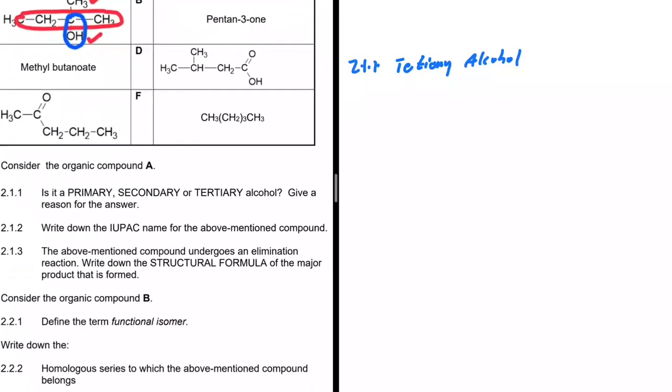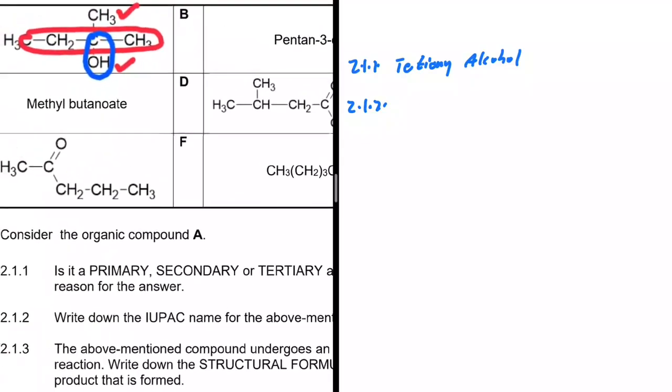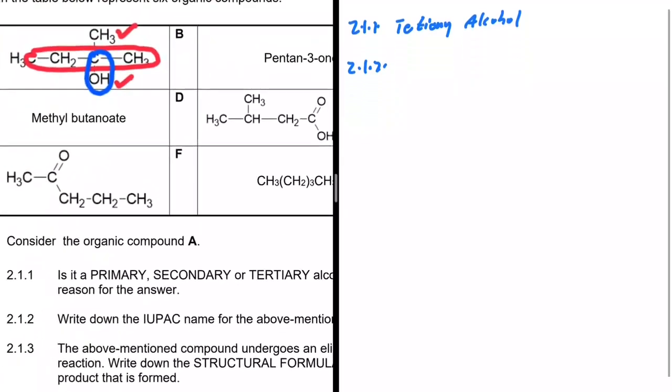Let's take a look at 2.1.2. Write down the IUPAC name for the above mentioned compound. Like we have figured out, we have 4 carbons on our longest chain. So that is butane. And then on which carbon is our functional group found? If we start counting from the left, we have 1, 2, 3.